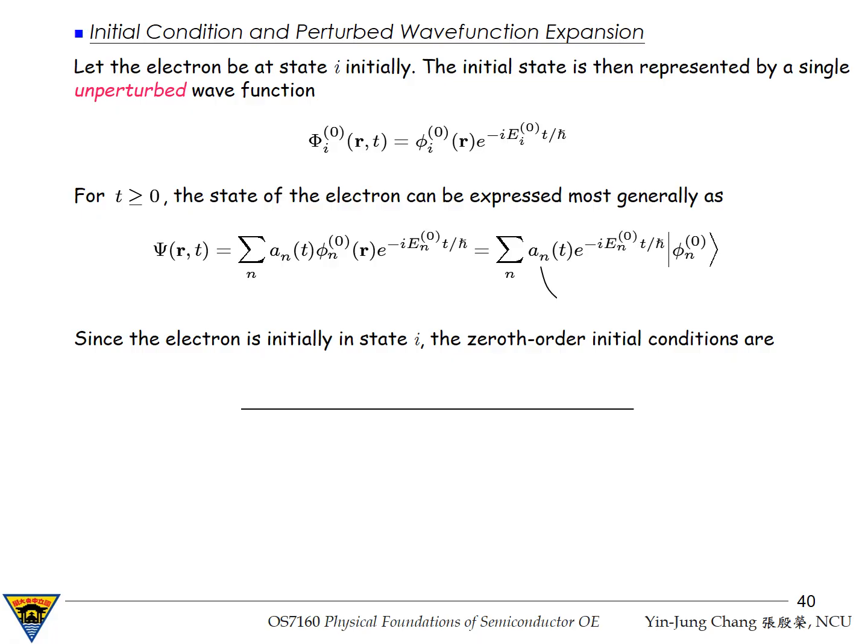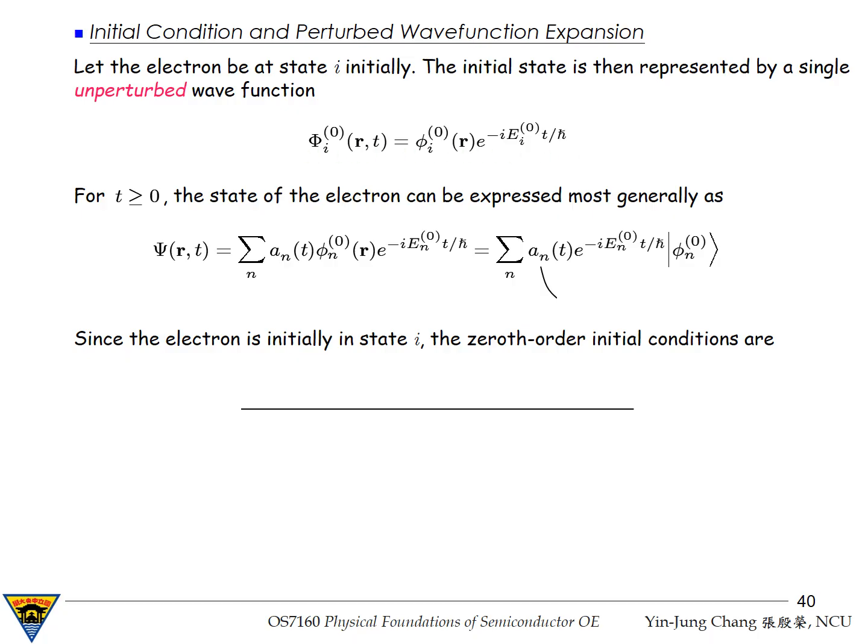Regarding the initial condition and perturbed wave function expansion in time harmonic perturbation, we assume that the electron is initially in the unperturbed state i. So the initial state is represented by the single unperturbed stationary wave function as shown.